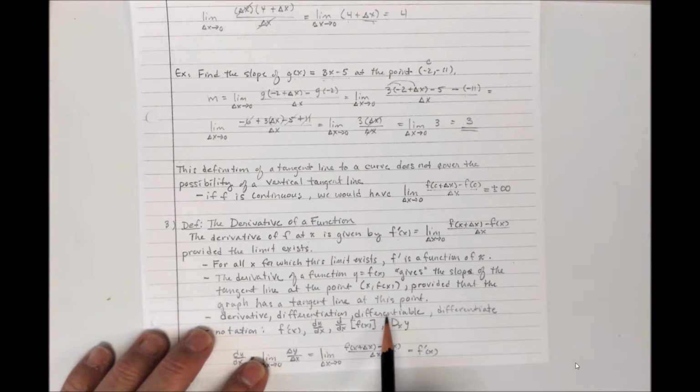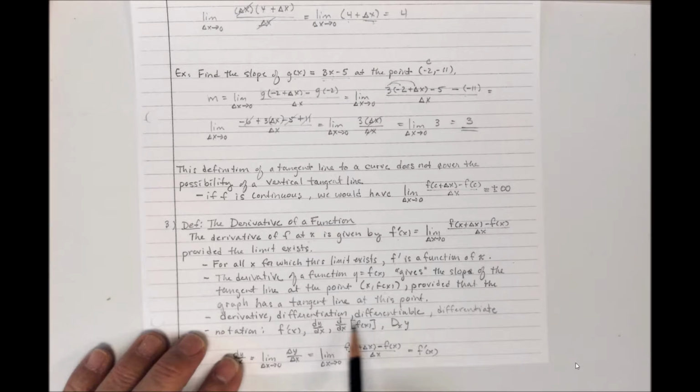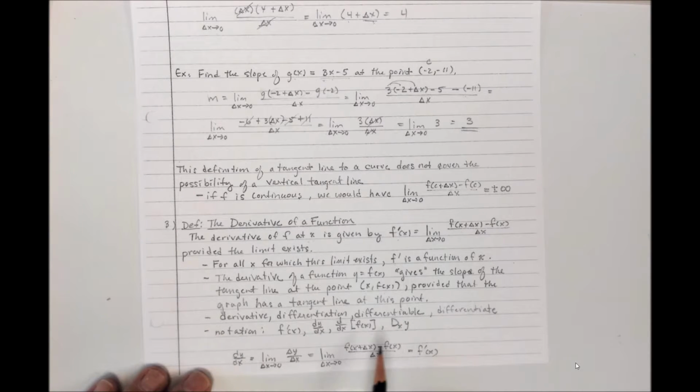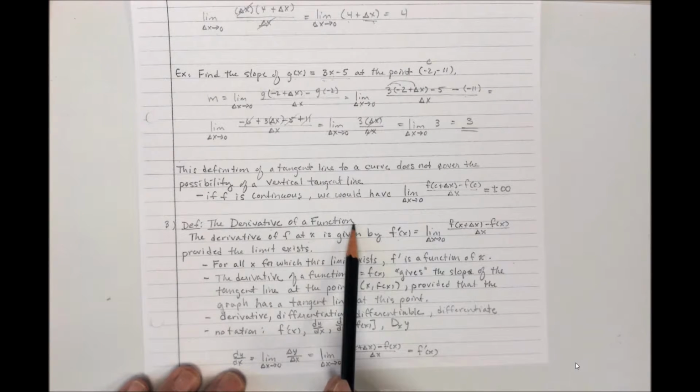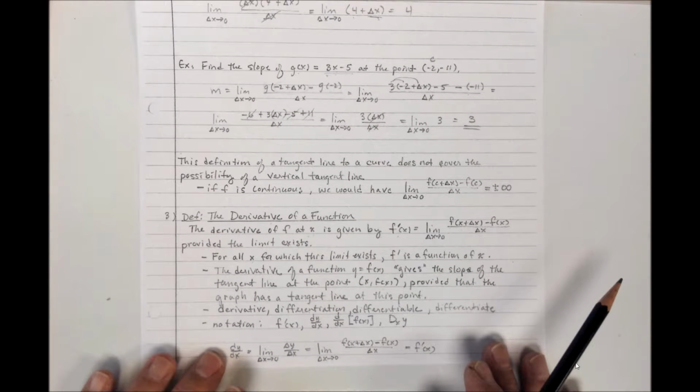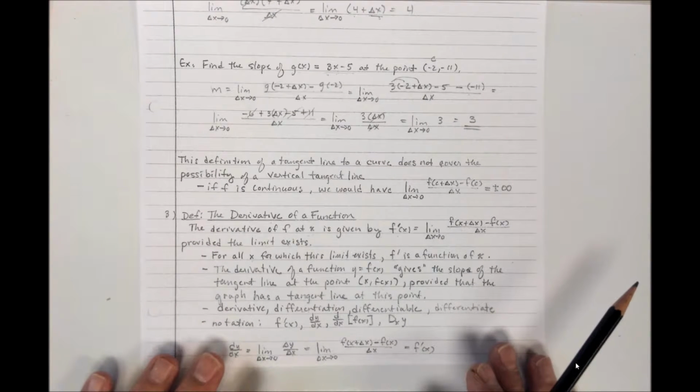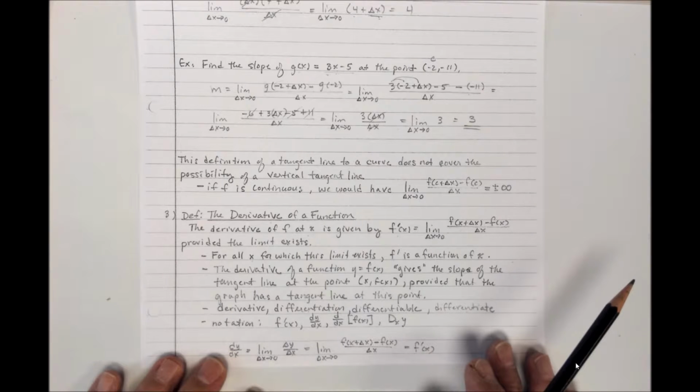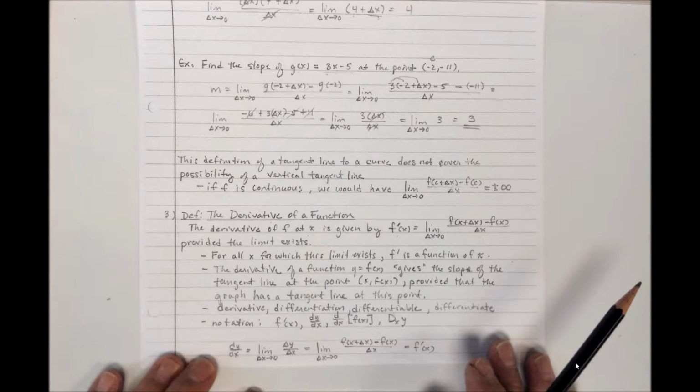And if a function has a derivative, then we say that the function is differentiable. This is an adjective. So we got a couple verbs in here, an adjective, some nouns and such. All this has to do with the idea of finding the derivative of a function. This is a pretty important concept because, as I've mentioned on more than one occasion, one of the major branches of calculus is differential calculus, or being able to use the derivative.